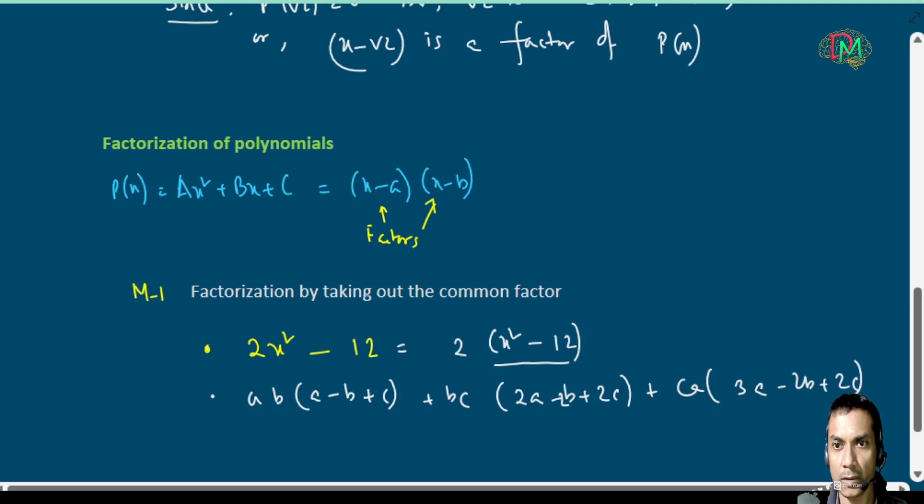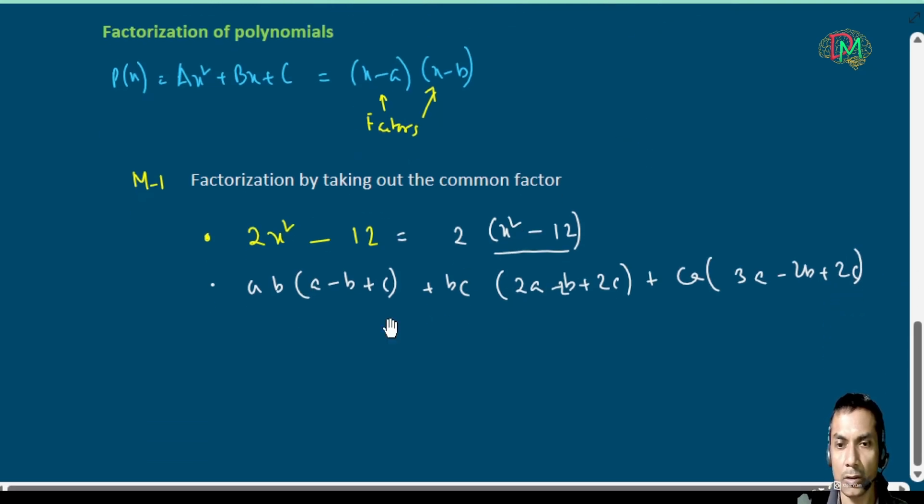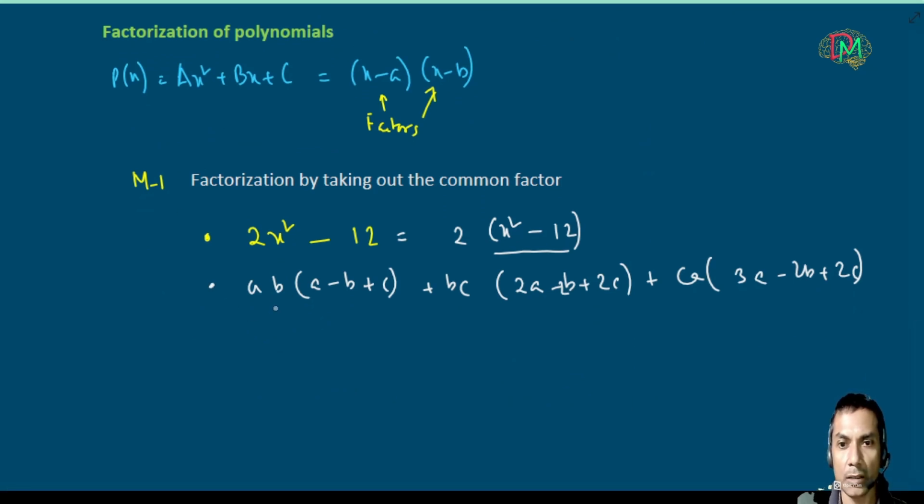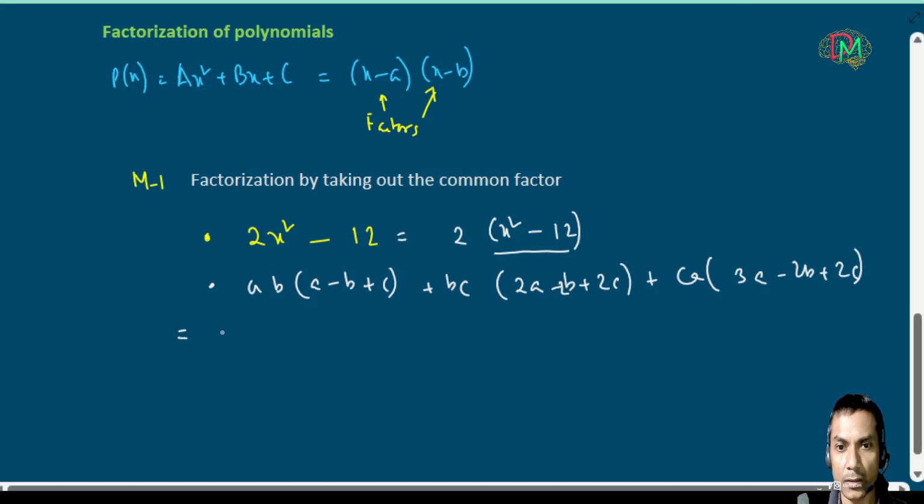Clear? This is the question. So you have to find the common factors, and whatever common factors are there, we have to remove them. How can you do that?